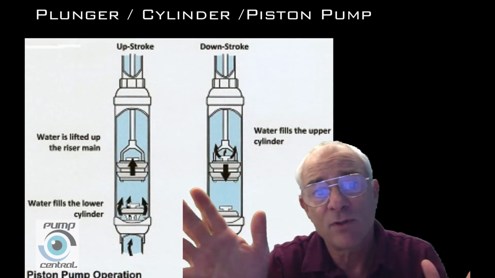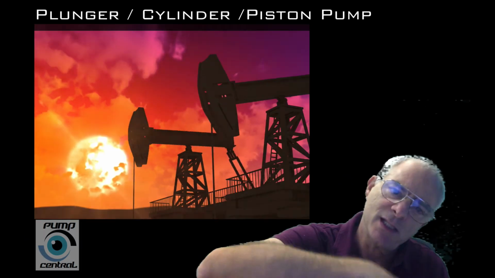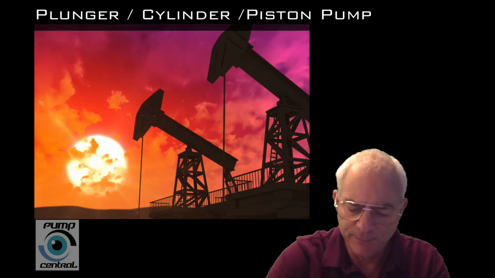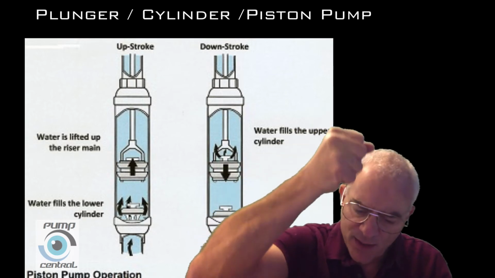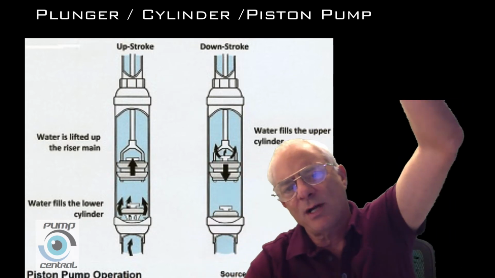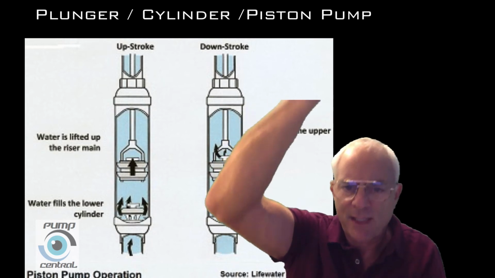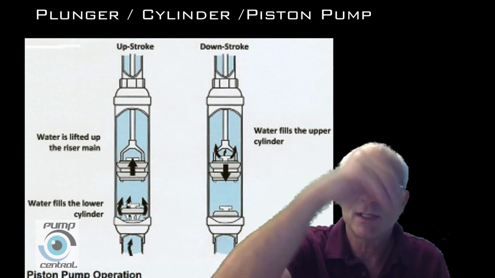If you've ever seen oil wells with those big grasshopper looking things that go up and down, they are operating a plunger that, as it pushes down, pushes water up, and as it comes up, it sucks water back into the cavity, and then as it comes down, it pushes water up. And that's what those things are doing.